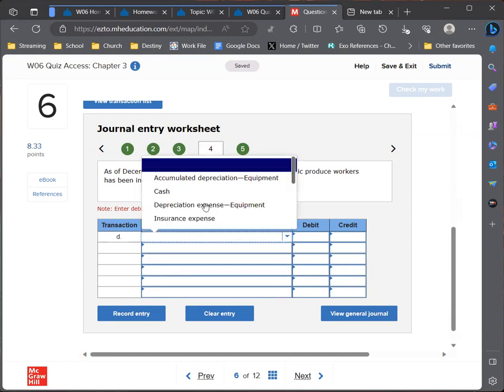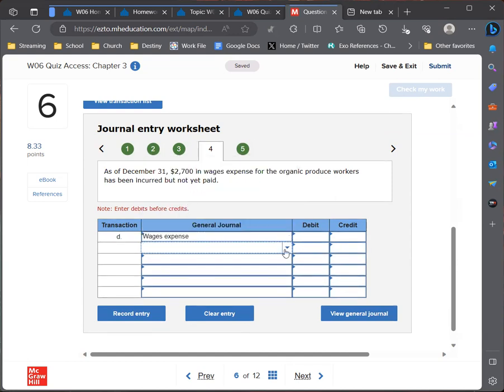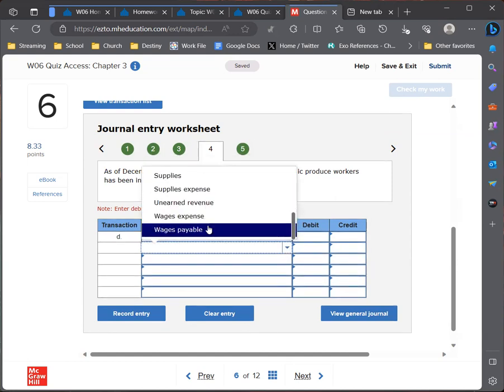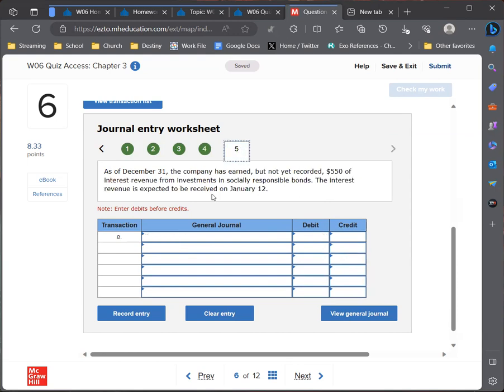So obviously we would go to find wages expenses and wages payable because it's not yet paid. And it would be 2,700 dollars in debit and then 2,700 in credit. All right. Now that one's pretty simple. Let's move on to the final one.